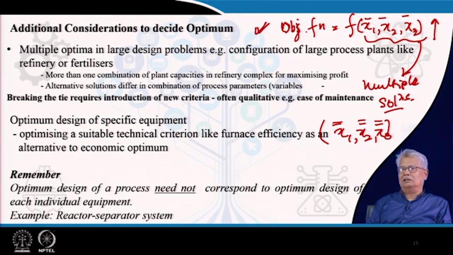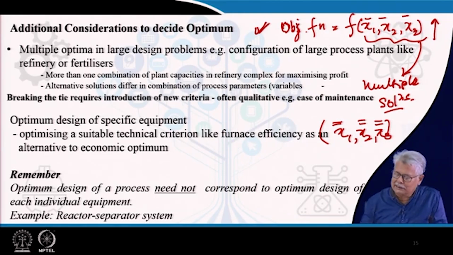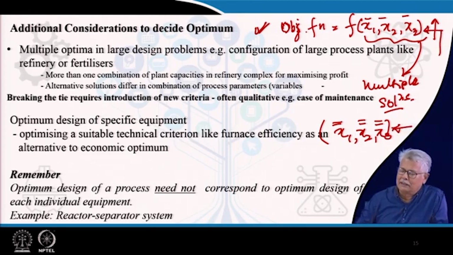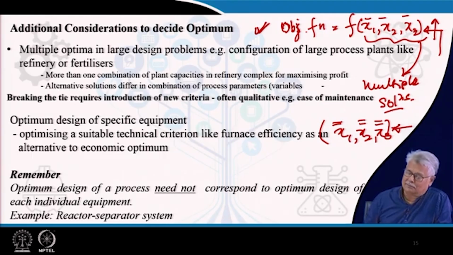One option will be, if I have noted these solutions, to bring in a new criterion. What could be the new criterion in case of a refinery? It could be the pollution level, the pollution it's going to create. It's going to give us the same profitability whether we have the combination of bar or the double bar.